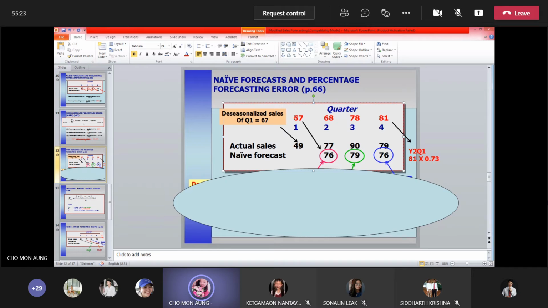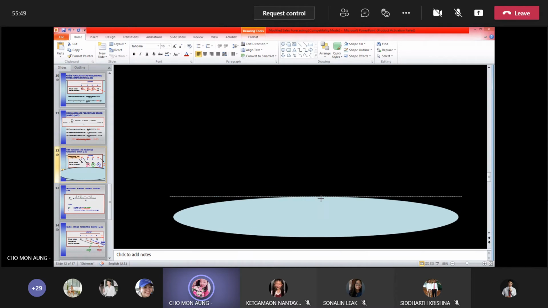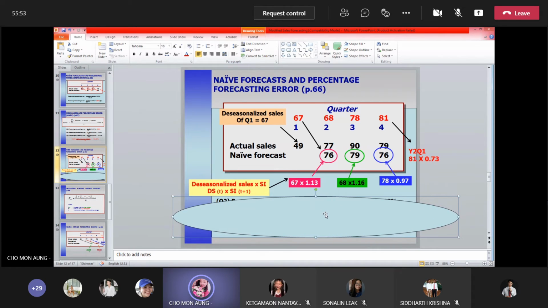So when we use deseasonalized sales data of 67, according to naive, Q1 deseasonalized 67, the forecast for Q2 would be 67. But why 76 here, right? Also, here Q2 with 68, but when we forecast, it becomes 79. Because we need to adjust back to fit each quarter.